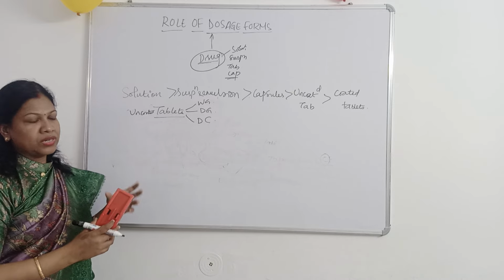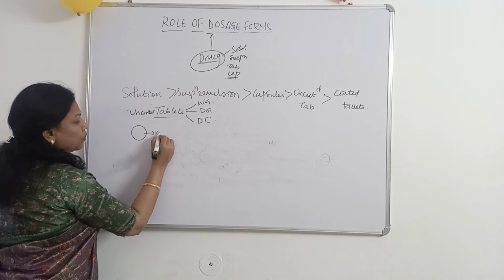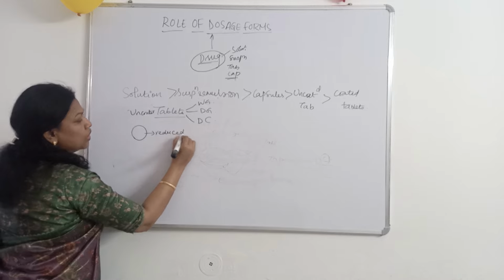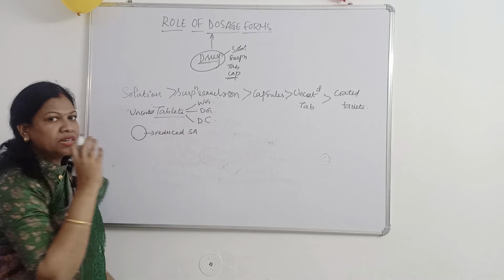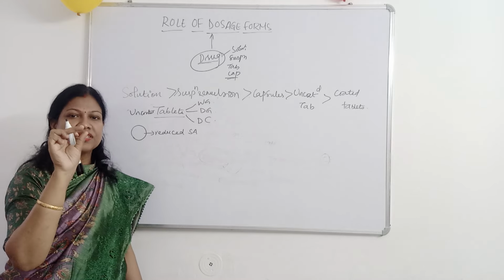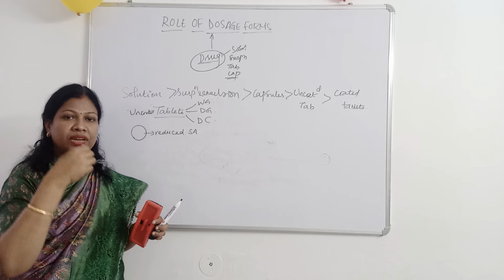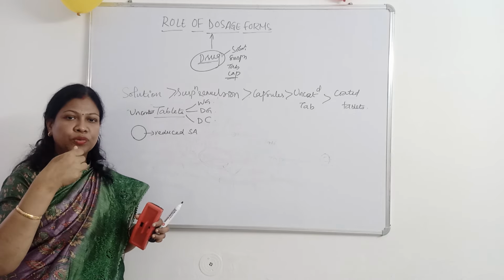So, tablet is the formulation having reduced surface area. What we did in a tablet, for the purpose of swallowing, we reduce the surface area of the particle. If we need to ingest a powder, we have to take 1 scoop or 2 scoops of powder.